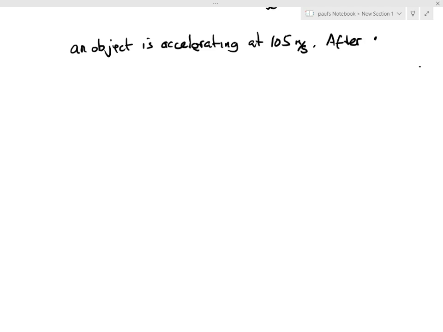So you've got inverse and direct. So let's do another one. An object is accelerating at 105 meters per second after 5 seconds.